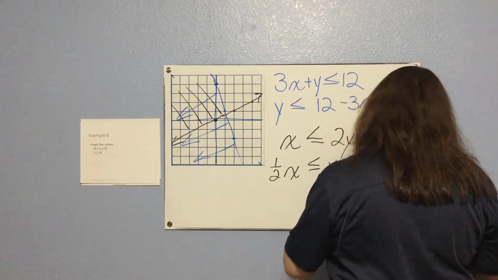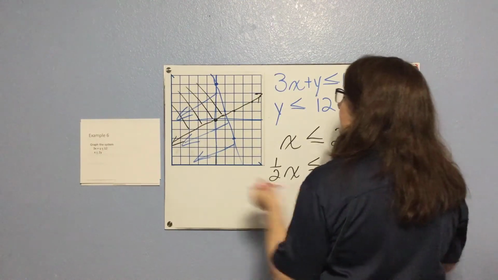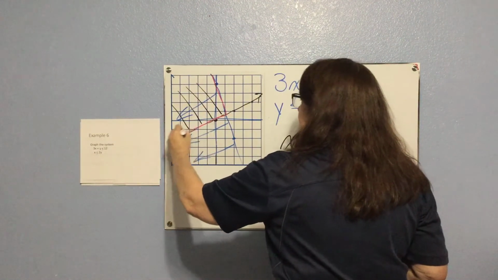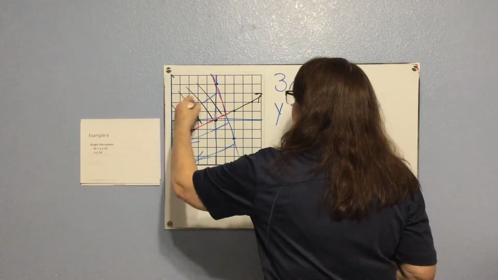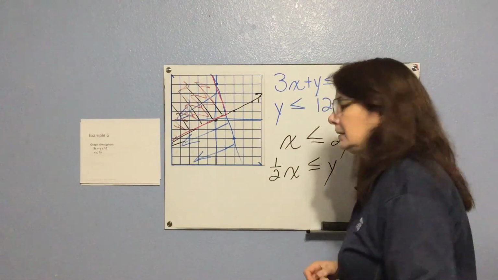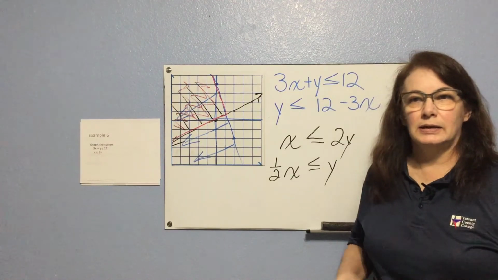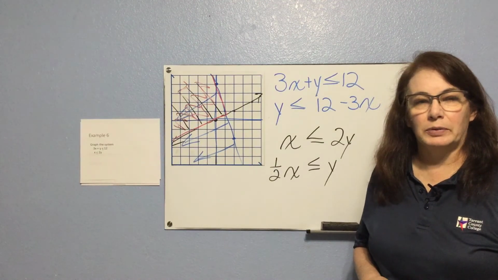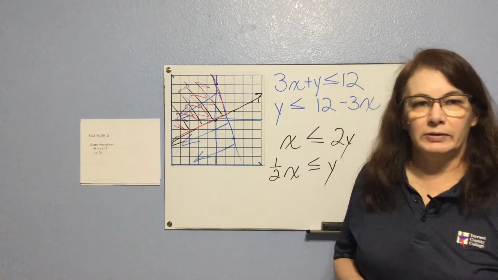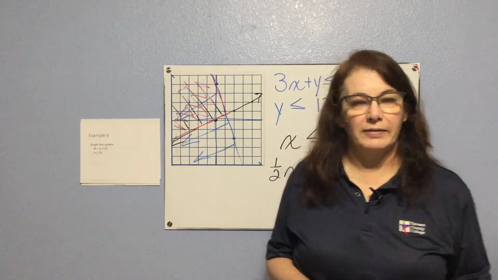So the solution for this system of inequalities is this area, because it contains parts of the regions for both inequalities. So pause your video now and work on checkpoint 5.